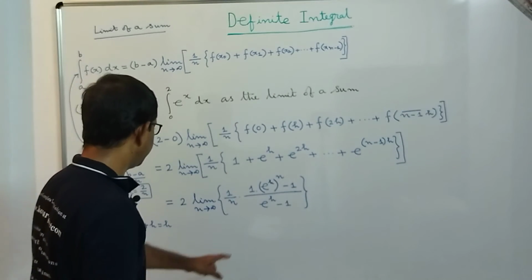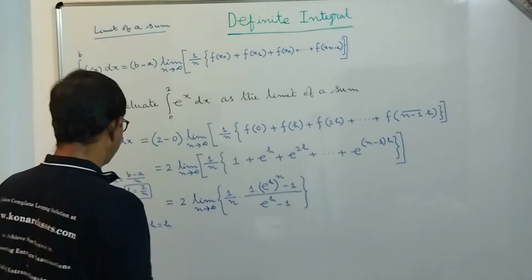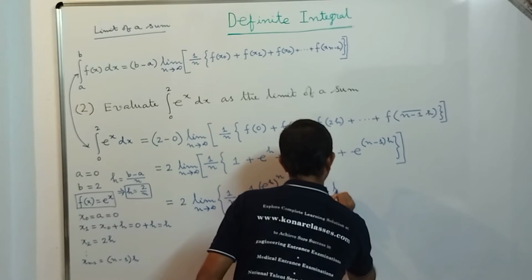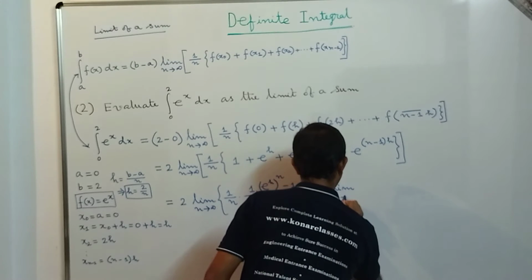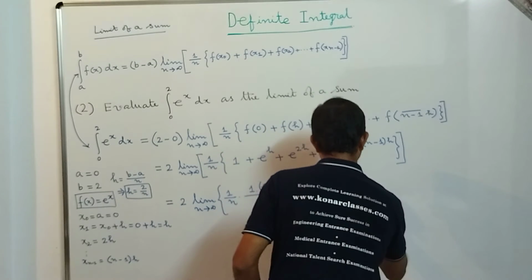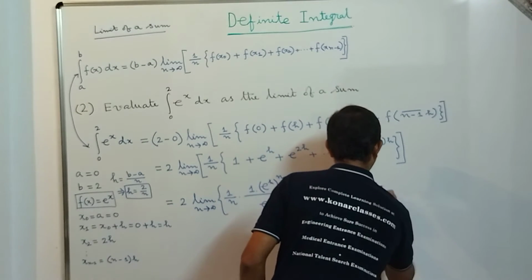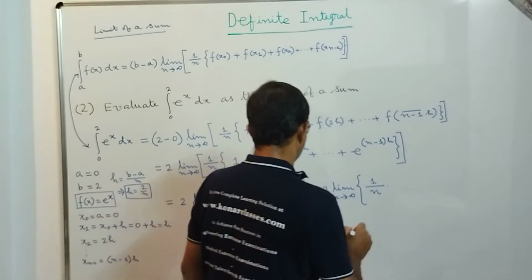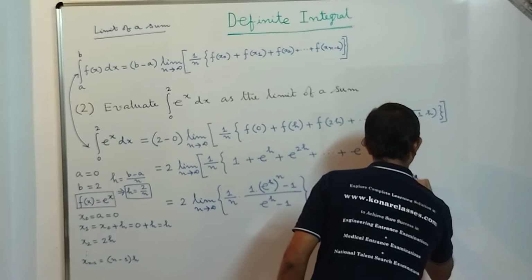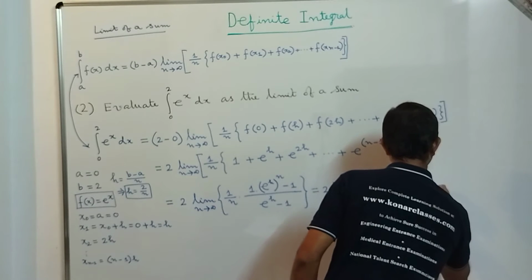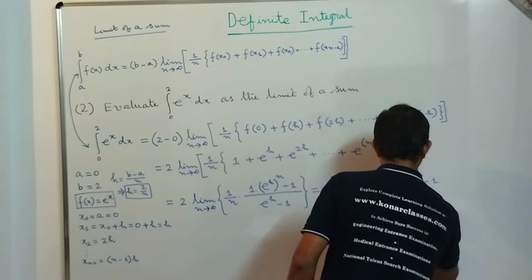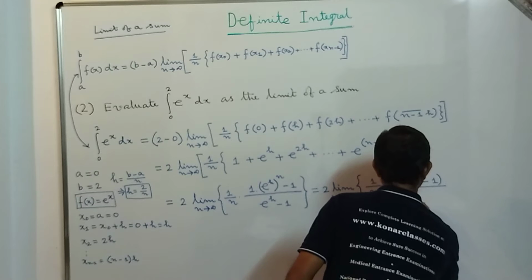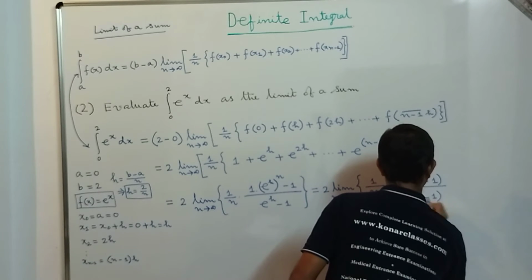So let me write it here. This is equal to 2 into limit n tending to infinity, 1 by n into (e power nh minus 1) divided by (e power h minus 1).